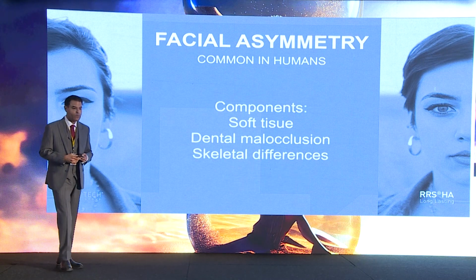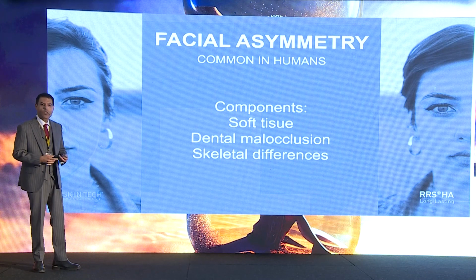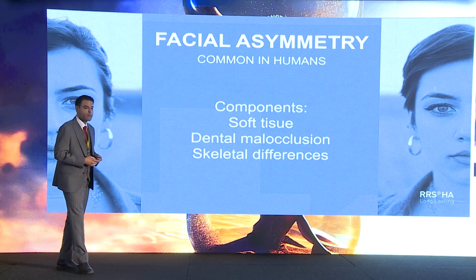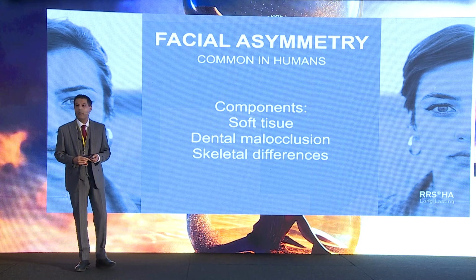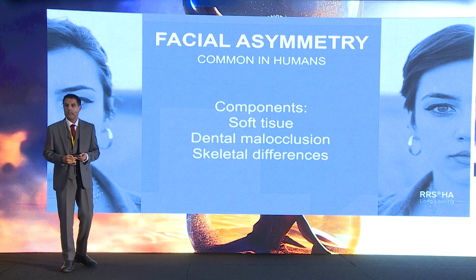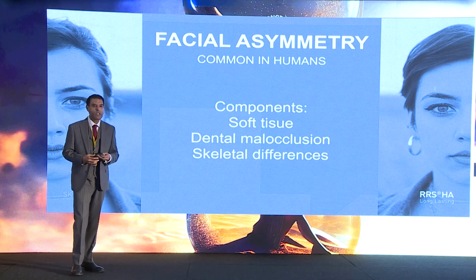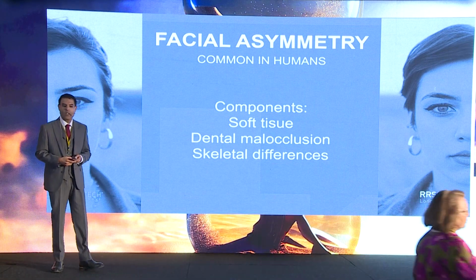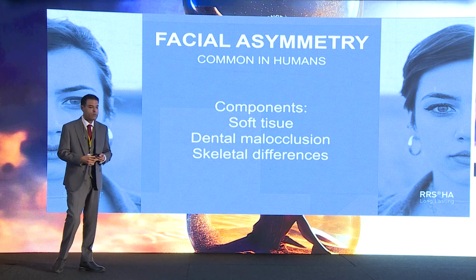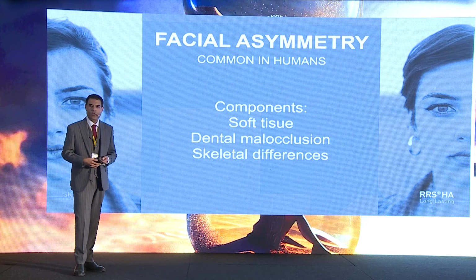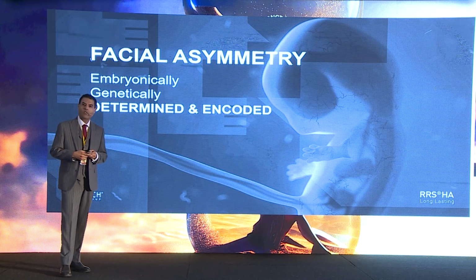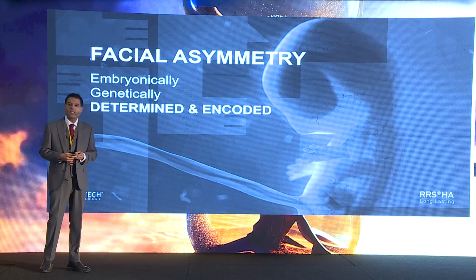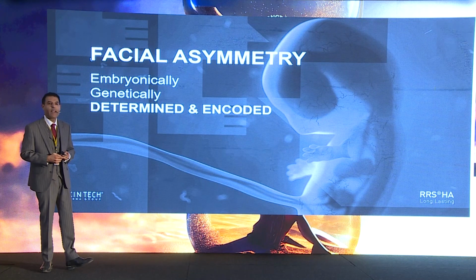In terms of the components of facial asymmetry, we are looking at soft tissue changes, dental malocclusion, as well as skeletal differences in terms of the supporting structure. When it comes to the actual soft tissue changes that we are seeing, most facial asymmetry is actually embryonically and genetically predetermined and encoded.